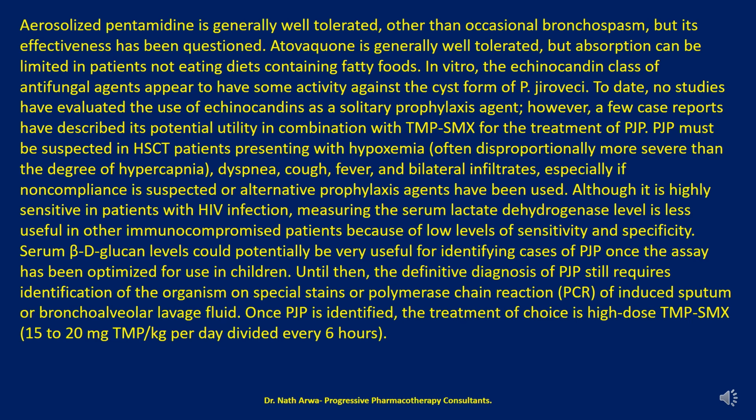Once Pneumocystis jirovecii pneumonia is identified, the treatment of choice is high-dose trimethoprim sulfamethoxazole, 15 to 20 mg trimethoprim per kilogram per day, divided every 6 hours.